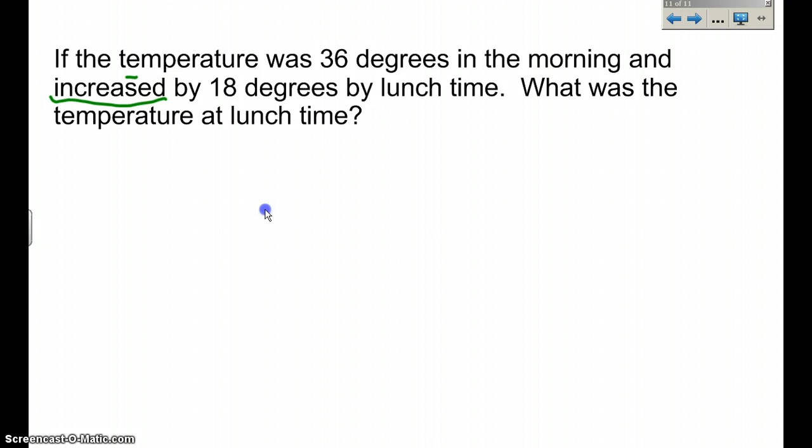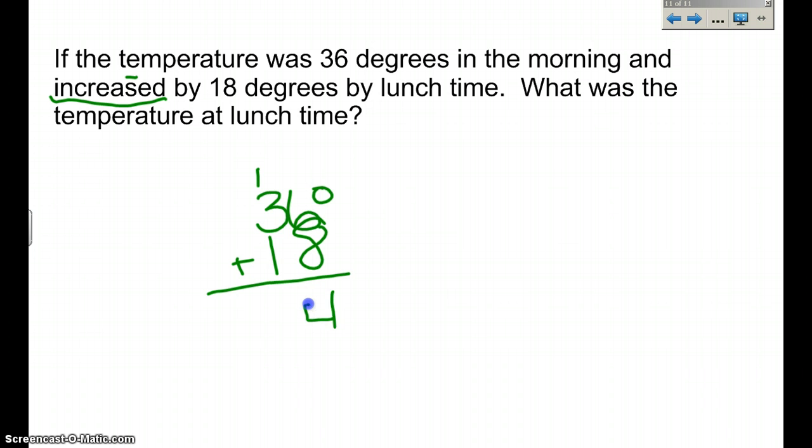So if I'm going to start with 36 degrees and I am increasing, that means I need to add the 18 degrees. 6 plus 8, 14. 1 plus 3 is 4, plus 1. Oh, my final temperature at lunchtime was 54 degrees because I started with my starting temperature increased by 18.